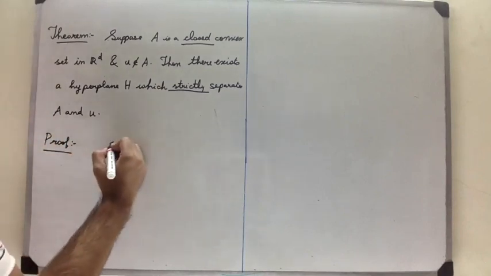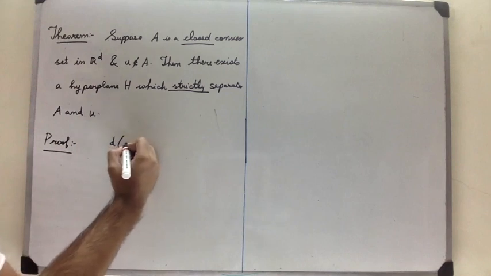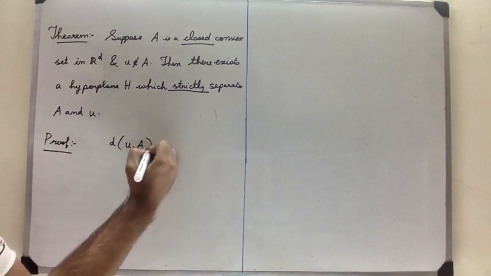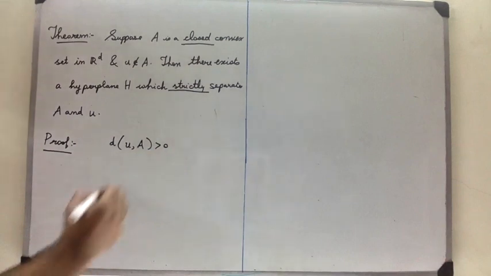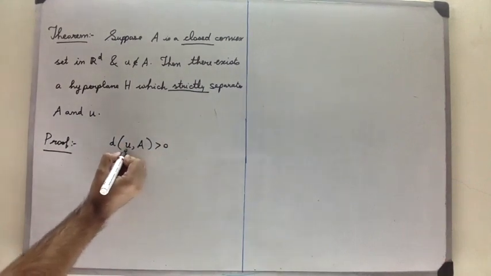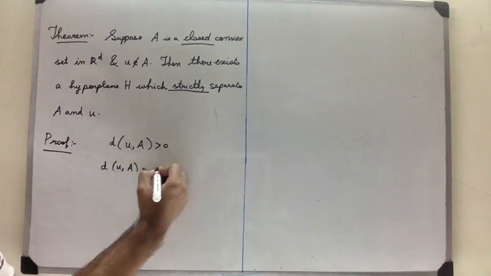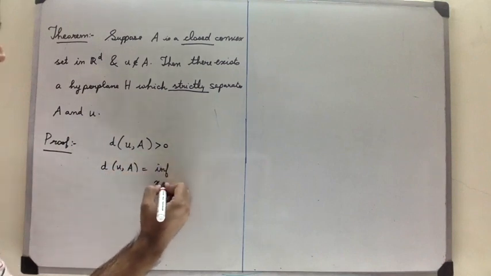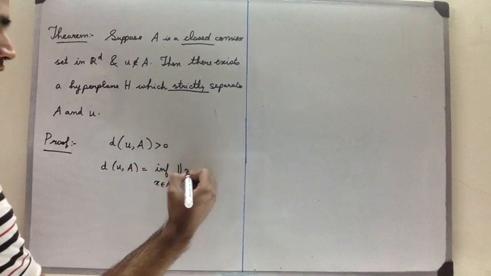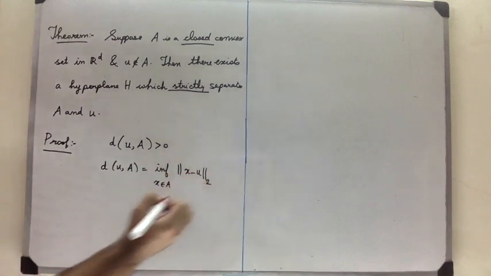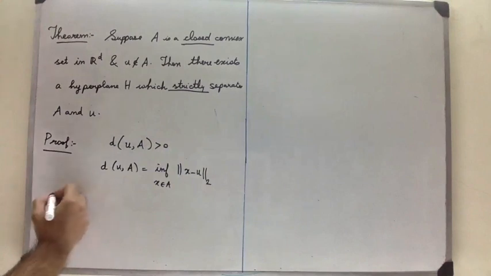Our first statement is that d(u, A) is strictly greater than 0. By distance between a point and a set, we mean the infimum of the distances. Suppose not. We prove this by contradiction.